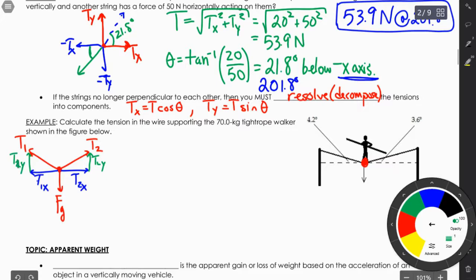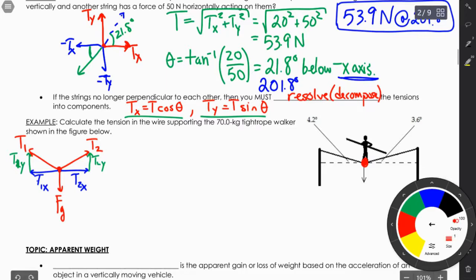So that's T1Y, not T2Y, okay? So you can do some of your algebra here and then plug in your sine and cosine functions. One thing I want to point out, when you have this, your two X components would cancel each other out, right? They have to be equal but opposite because there's nothing else horizontally here, right?